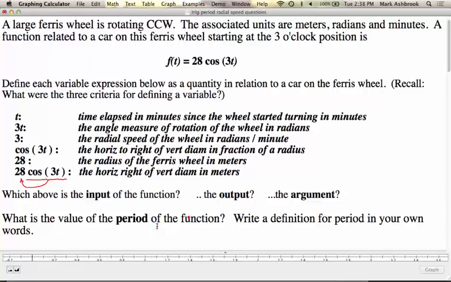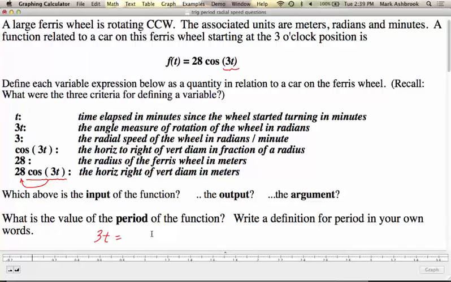So to get the value of the period, we know that cosine has a period of what? 2 pi. So we want the argument, the angle measure, to reach 2 pi.